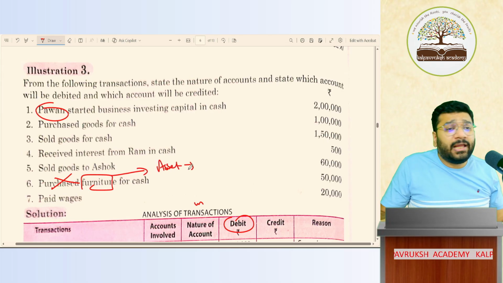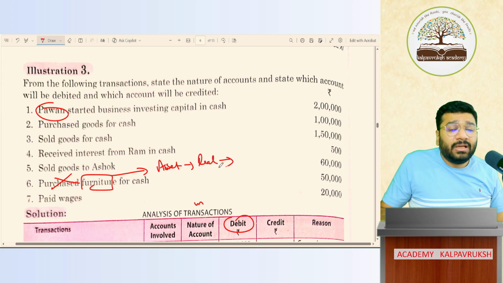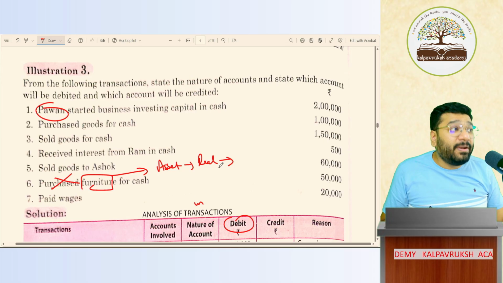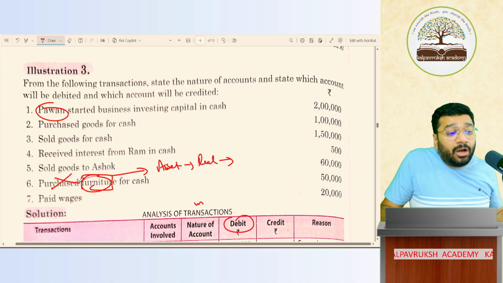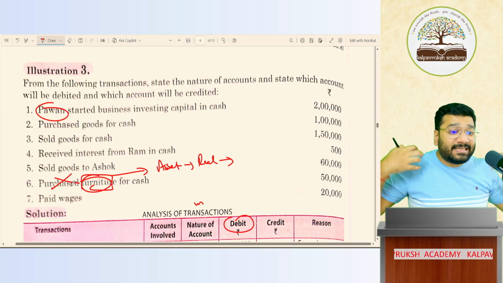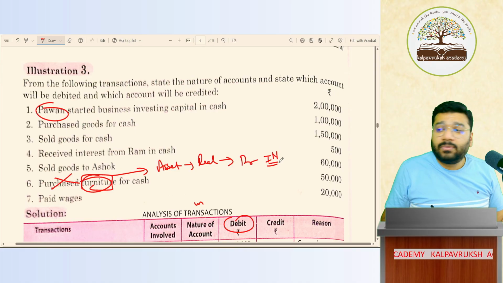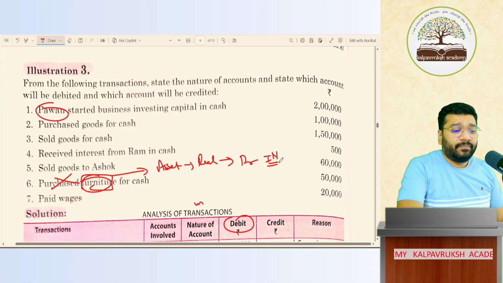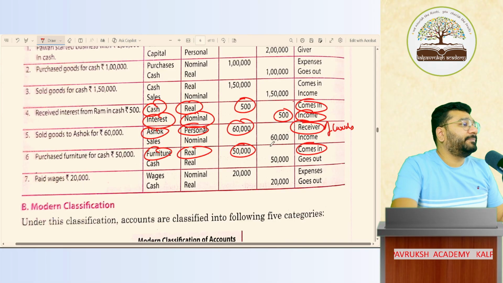All the assets will go to real account except those five. In that five, is furniture coming? No. So this is real account. The rule: debit what comes in, credit what goes out. Whose point of view? Business point of view. If we keep on buying furniture, furniture will come inside the business. Debit what comes in. Furniture, real, debit column, comes in.